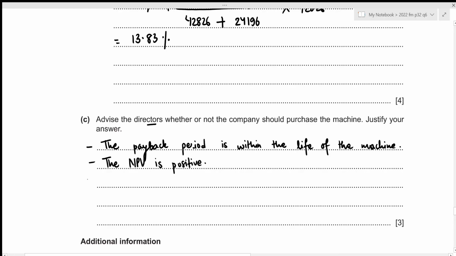Now let's talk about the internal rate of return. We just figured it out to be 13.83%, which is higher than the cost of capital. And whenever the internal rate of return is higher than the cost of capital, it again indicates that the investment is good. Let's write it down. The internal rate of return is higher than the cost of capital.